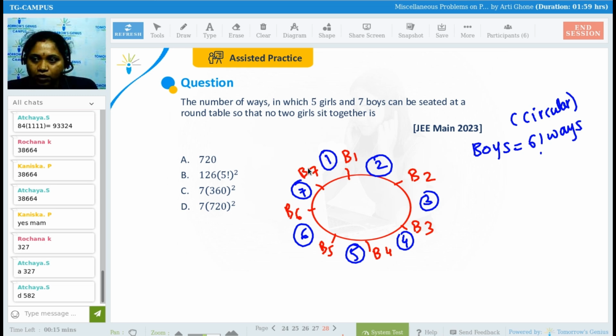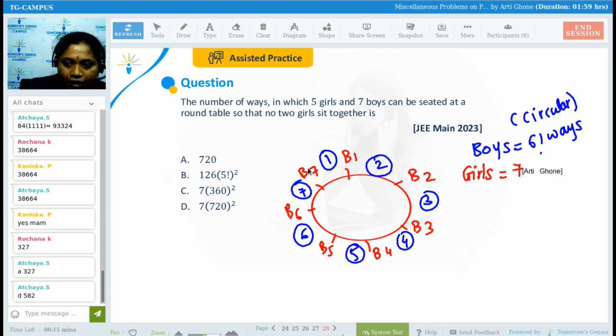Okay. Now, the girls' arrangement is complicated here. We are left with the 7 gaps, but we can select any 5 gaps out of those. We are left with the 7 gaps, out of which any 5 gaps will be filled.